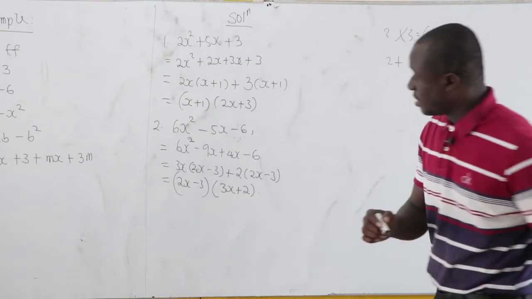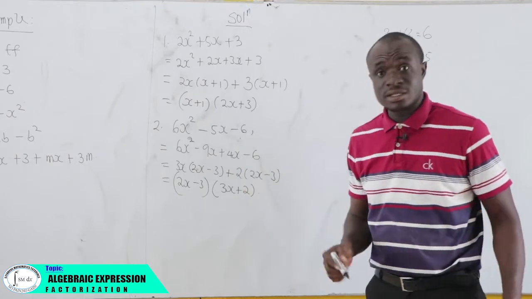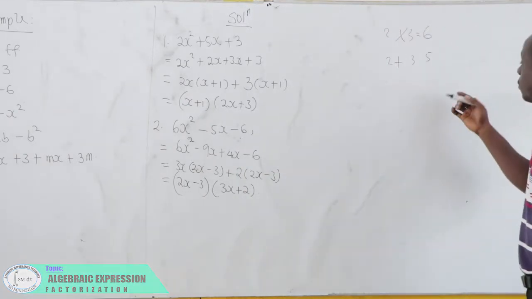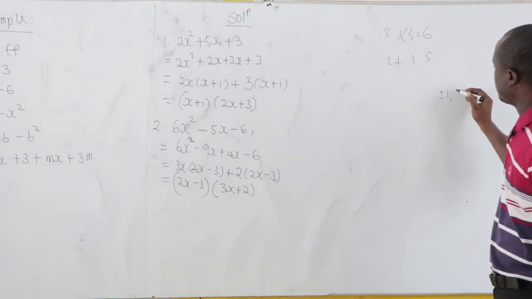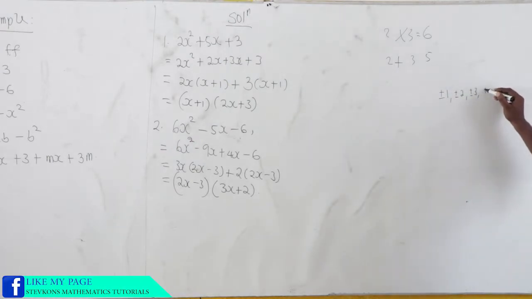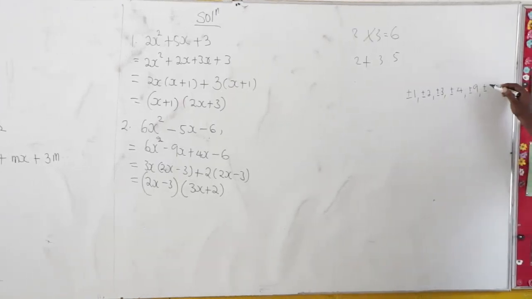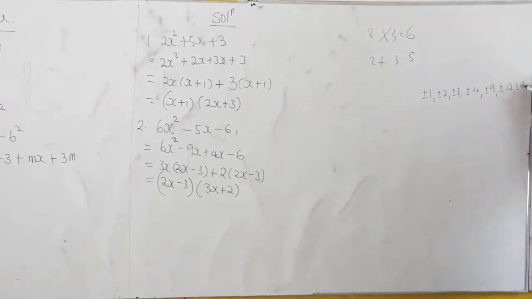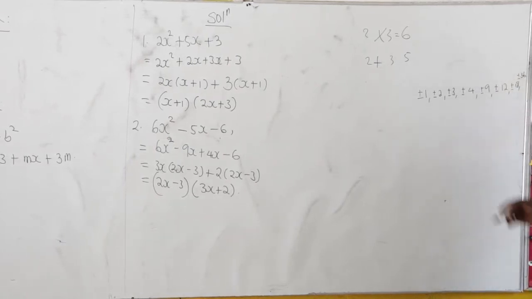Now somebody's asking, why are the factors negative 9 and 4? Now 6 times negative 6 is negative 36. So we look for the factors of negative 36, which are plus or minus 1, plus or minus 2, plus or minus 3, plus or minus 4, plus or minus 9, plus or minus 12, plus or minus 18, and plus or minus 36 itself.